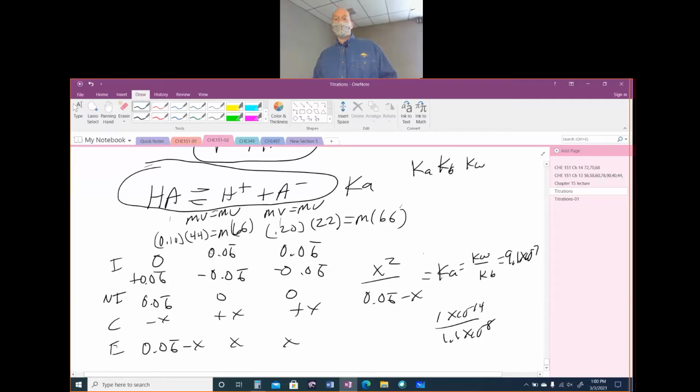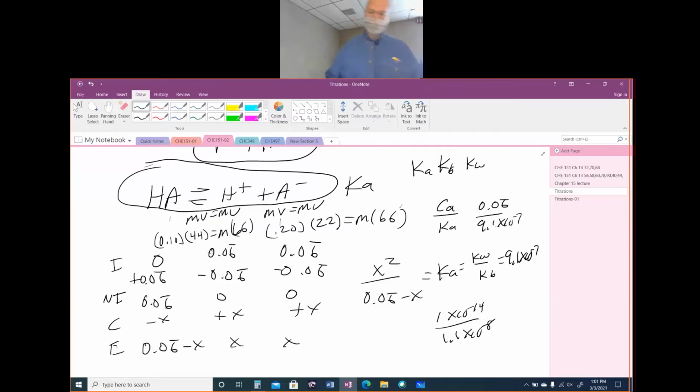All right, so you got to check to see if your concentration of your acid initial over your Ka is greater than 1,000. So you put in your 0.06 repeating divided by your 9.1 times 10 to the minus 7 and see what you get.